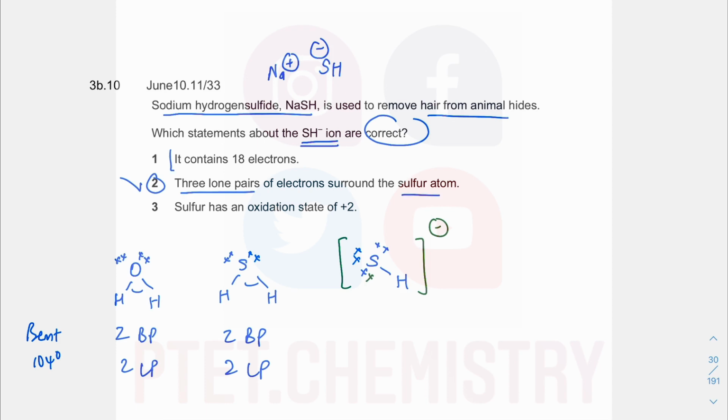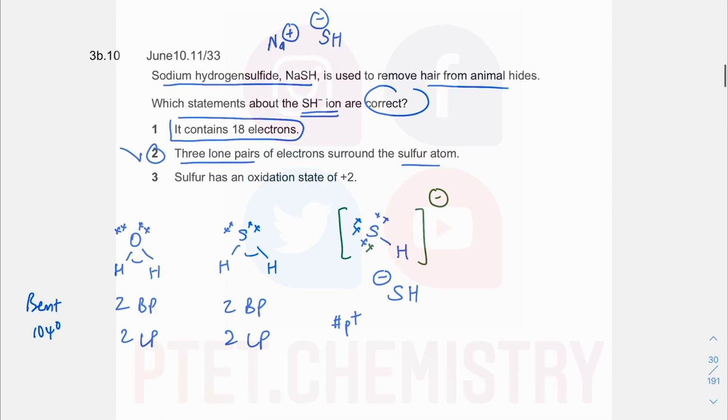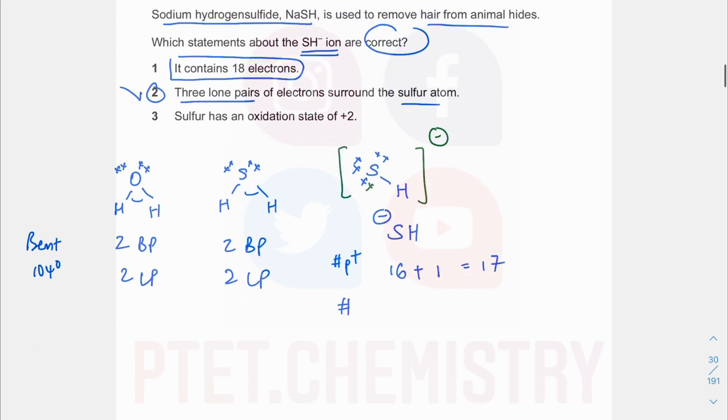It contains 18 electrons. Well, if you look at SH minus like this, work out the number of protons. Sulfur is element number 16. Hydrogen is element number 1. You have 1 of each. Work out the protons first, always, as you will know from the atomic structure topic.